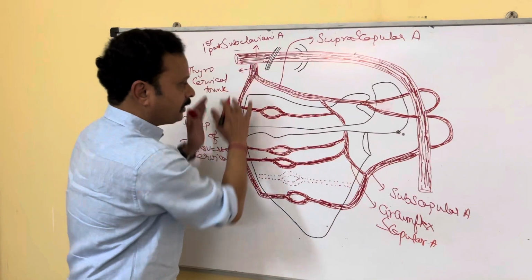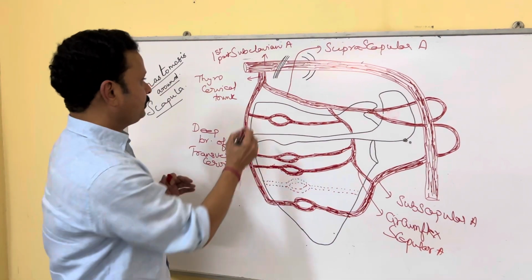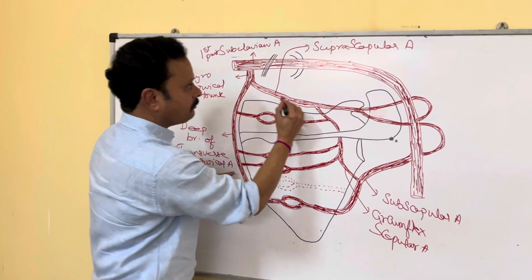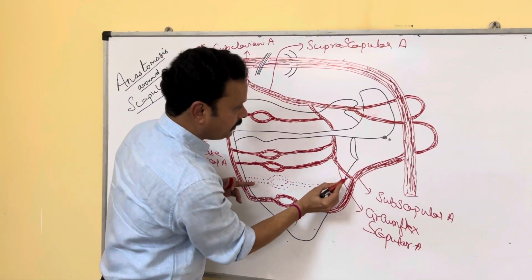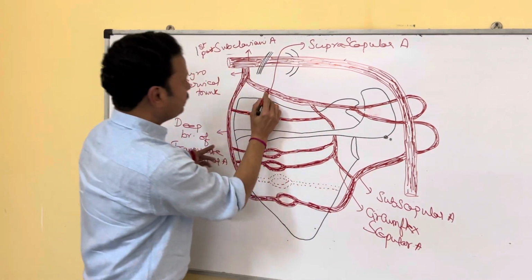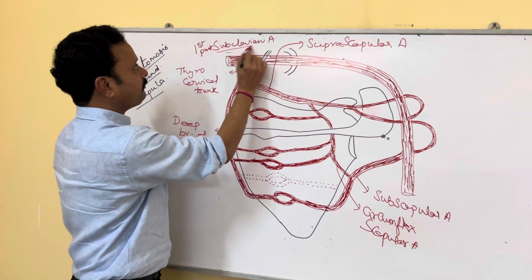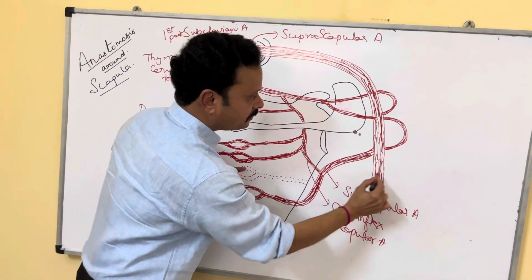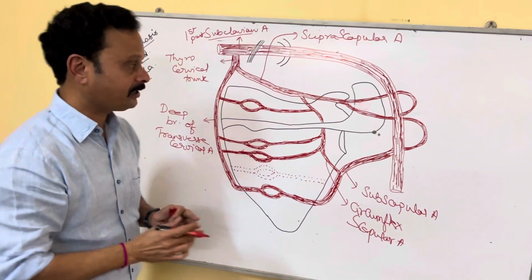So this final anastomosis is the deep branch of the transverse cervical artery and the branches of the suprascapular artery anastomosing with the circumflex scapular artery. These two are branches of the first part of the subclavian artery. Subscapular artery is a branch of the third part of the axillary artery.